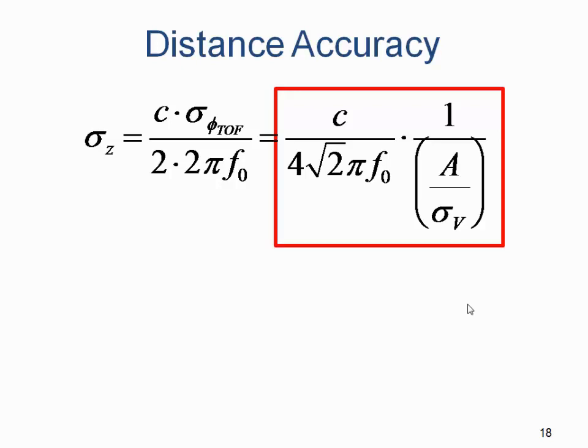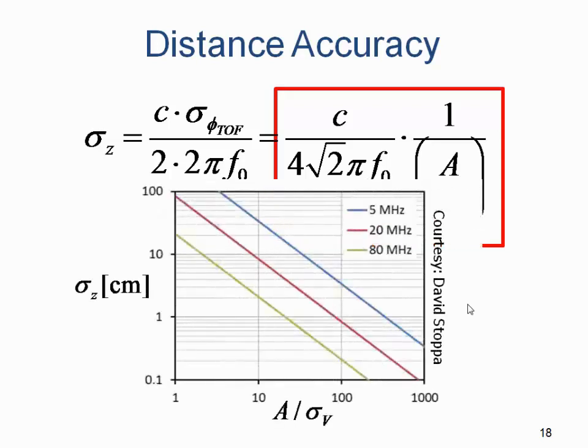So it's very important to have a very large modulation, because that will give me the most reliable measurement. As is shown here, there is not only a relationship between the error and this ratio, but also a relationship between that and the frequency.